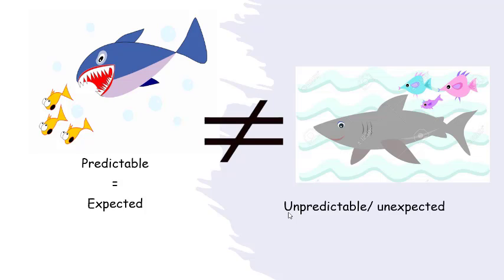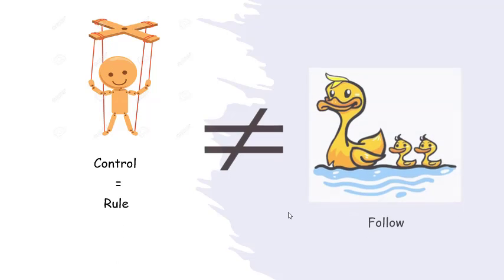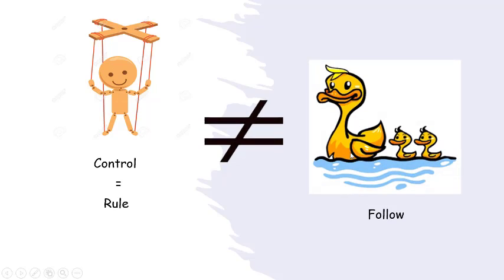Let's see the next word. Control. And the synonym of control is rule. But the antonym of control, follow. Like here, it's a control here. Yes, the mother is controlling the kids, and the kids are following the mother. But here you are controlling the puppet.